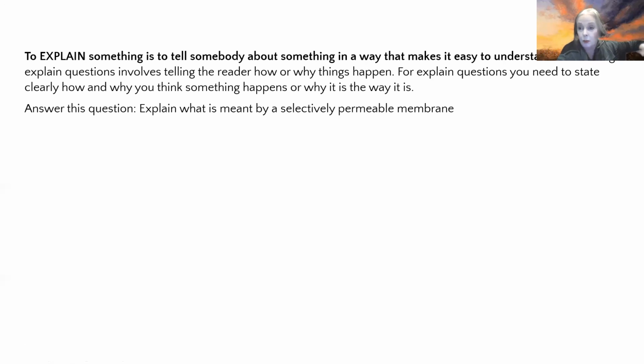There's no such thing as a proper explanation. It's just always why is the next answer. So you could talk about your selectively permeable membrane. What does it select for? Why is it selectively permeable? What's the difference between that and non-permeable? What's allowed in and what isn't allowed in? And why?